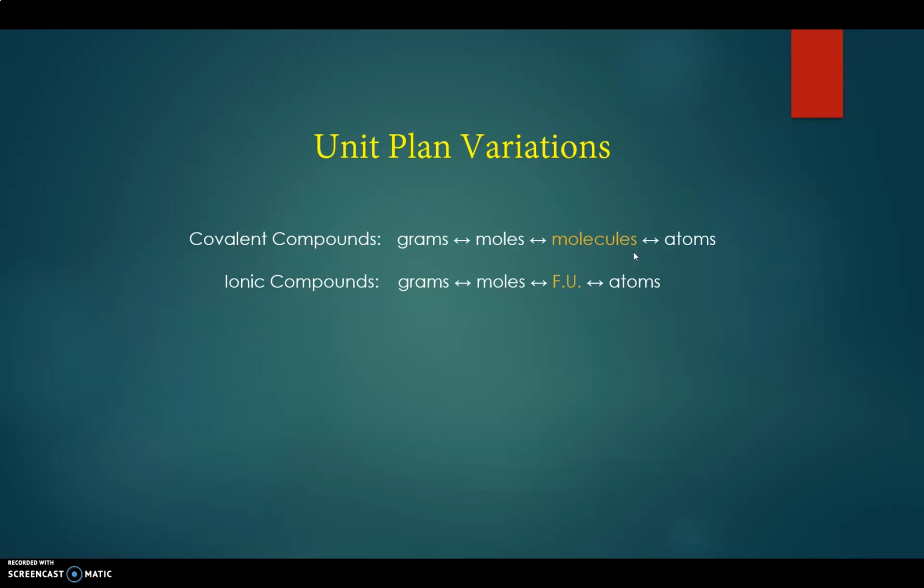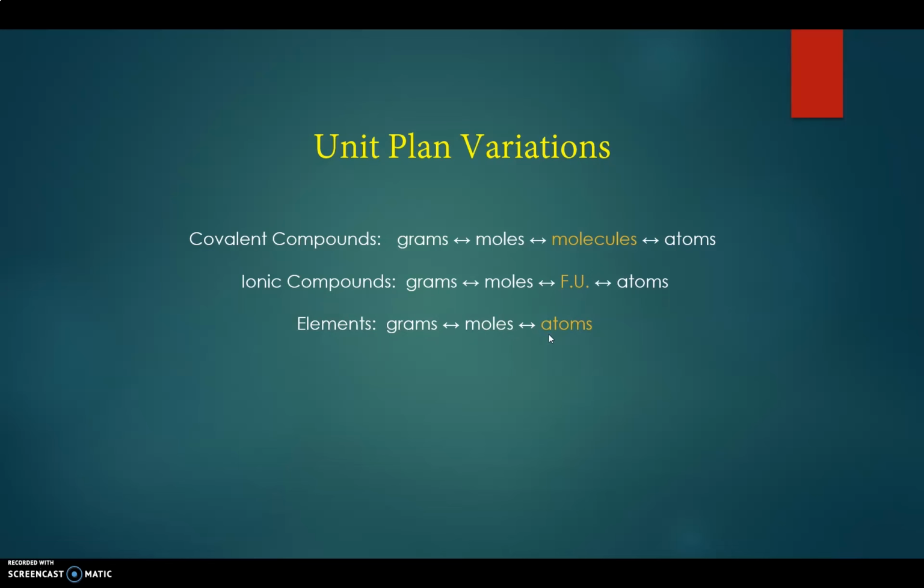A molecule is a covalent compound. So with ionic compounds, we use formula unit. Otherwise, it's the same. It's simply grams to moles to formula units to atoms, but the basic setup is still the same. If you have an element, it's actually a little bit simpler even, because we can leave out a step. Since there are no molecules or formula units with an element, it's simply grams to moles to atoms.